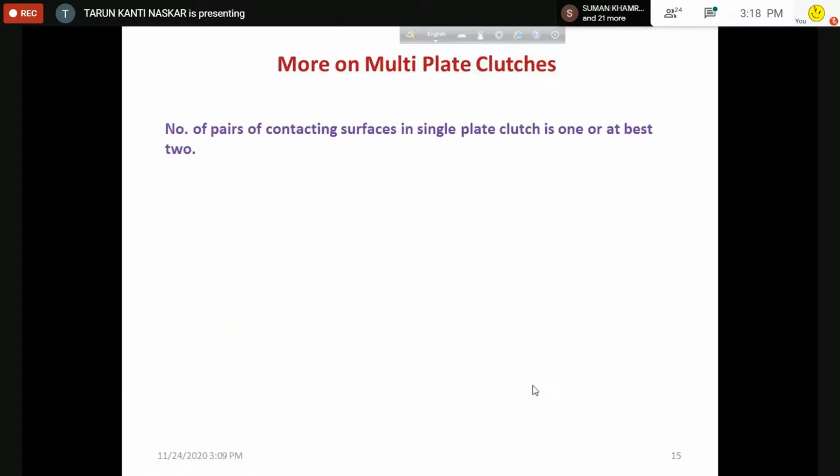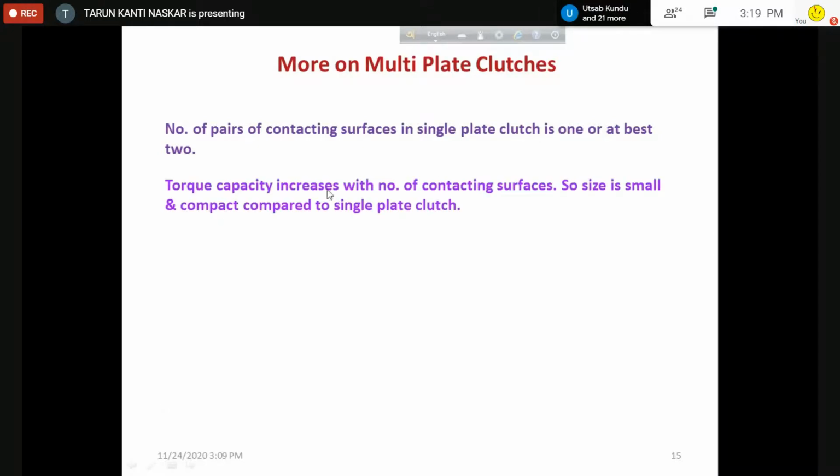Then some more points on multiple plate clutches. Number of pairs of contacting surfaces in a single plate clutch is 1 or at best 2. That means if there is friction lining on both sides, it should be 2. Now torque capacity increases with number of contacting surfaces.